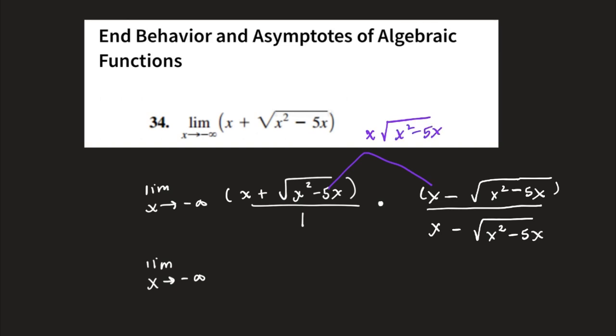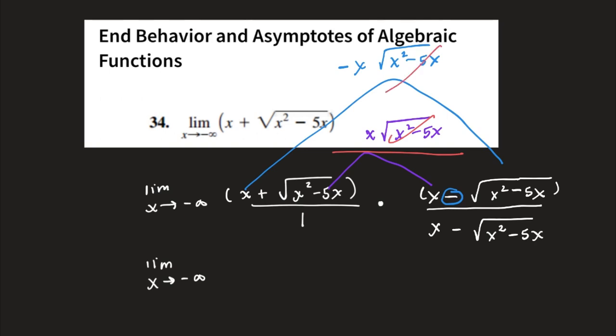And then when you multiply the outside terms, because of this minus sign, you're going to get a minus x times the square root of x squared minus 5x. So that when you add the middle terms and the outside terms, they cancel, and you just get 0. And that's the whole purpose of multiplying by the conjugate and why you want those opposite signs.